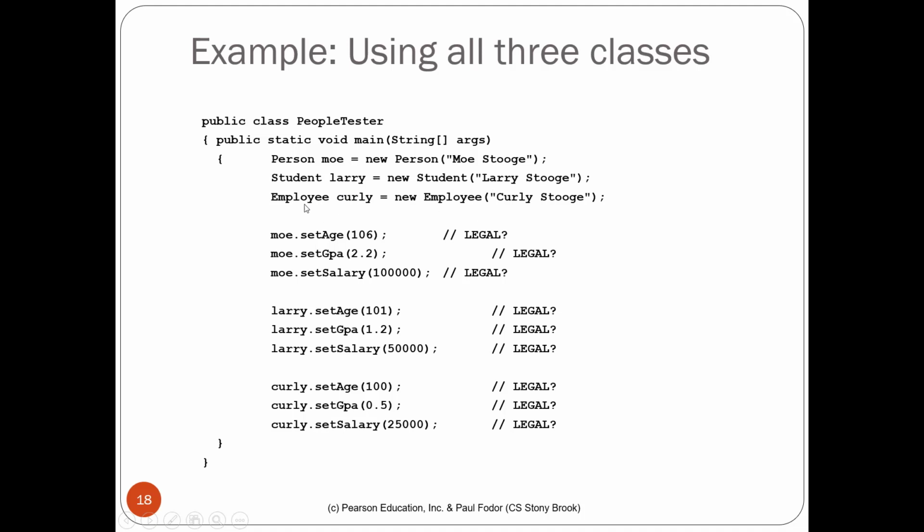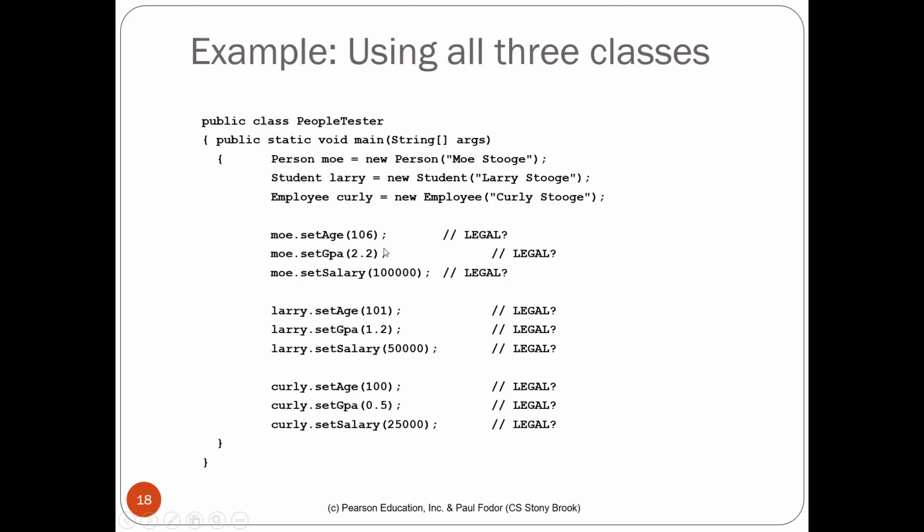Similarly, Curly is an Employee because that's the type of the class, and we are calling the Employee constructor, Curly Sturge. Good. Now, when you have created these three objects of type Person, Student, and Employee, what methods are legal here?